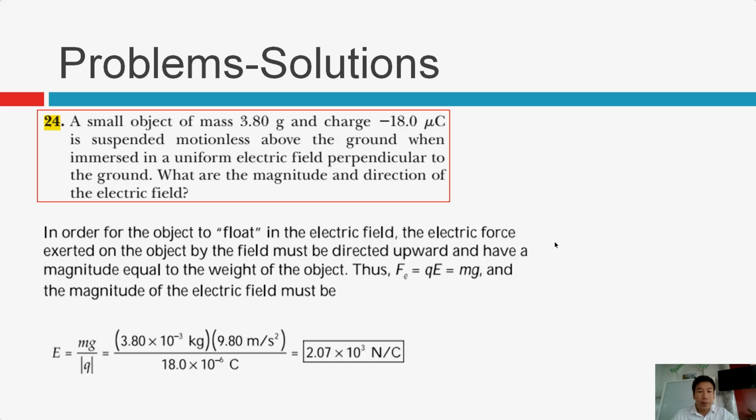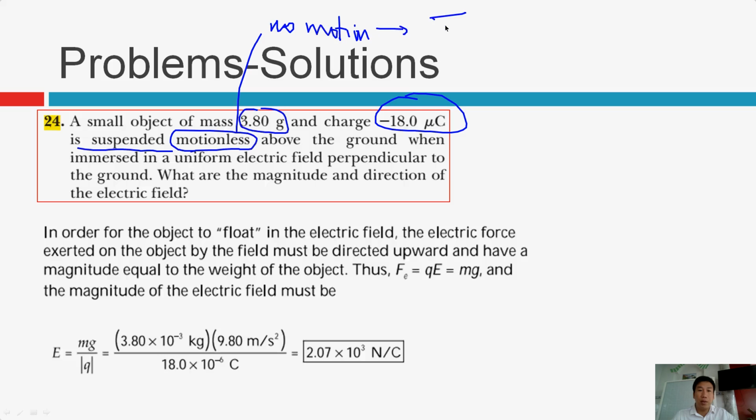About this problem, did you read it at home? We have a small object with mass m and a negative charge. It suspends motionless. Remember, it's motionless. No motion. What does it mean?